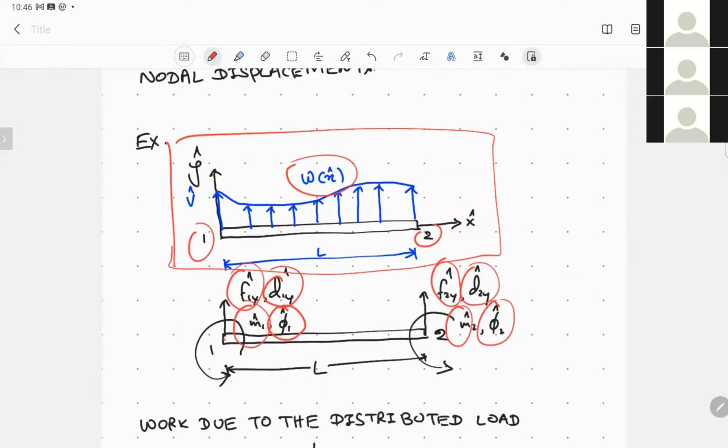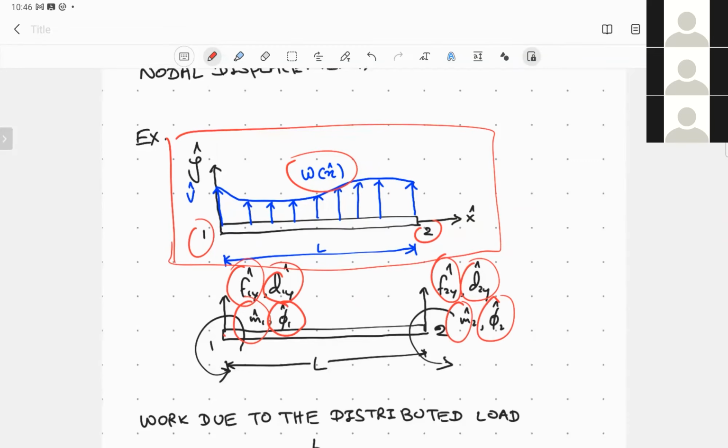We now try to simply compare or equate the work done by the distributed load and the work done by the nodal forces.